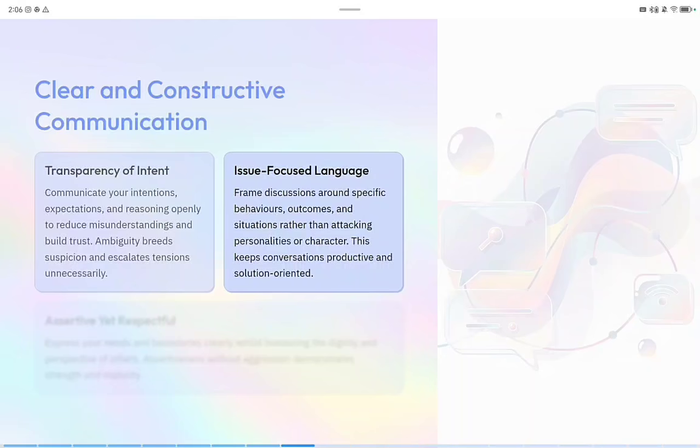How can we increase the productivity of Department XYZ by 9th January 2026? Now, this is very futuristic and solution oriented language, and it is also issue focused language.